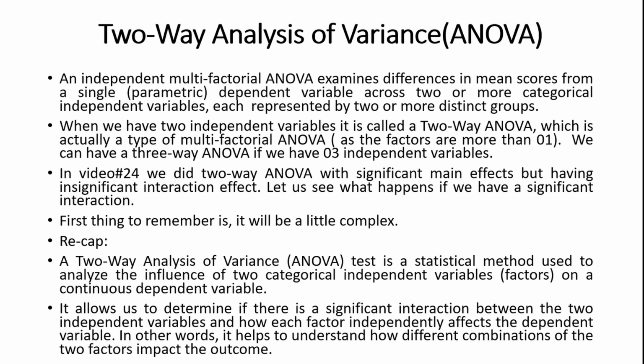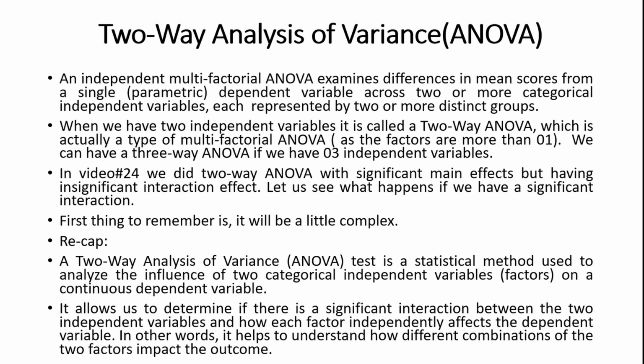An independent multifactorial ANOVA examines differences in mean scores from a single parametric dependent variable across two or more categorical independent variables, each represented by two or more distinct groups, which are called the levels, and each independent variable is also called a factor. When we have two independent variables, it is called a two-way ANOVA, which is actually a type of multifactorial ANOVA, as the factors are more than one.